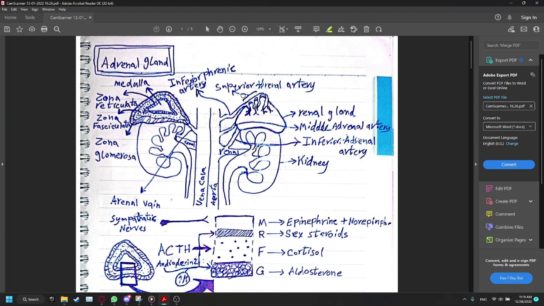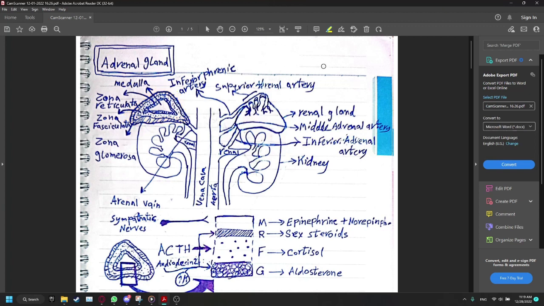So let's start. Let's talk first about the anatomy of the suprarenal gland or the adrenal gland. It lies literally above the kidneys. This is the position of the adrenal gland. It's basically in the name, suprarenal.